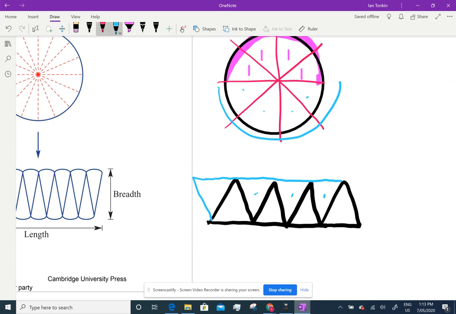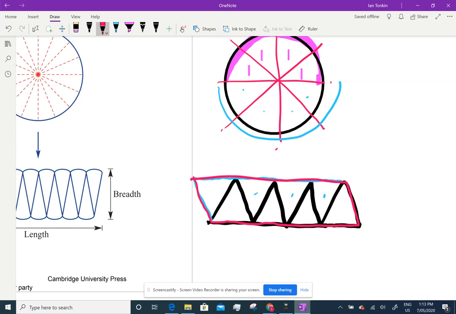And this shape that I have is a parallelogram.